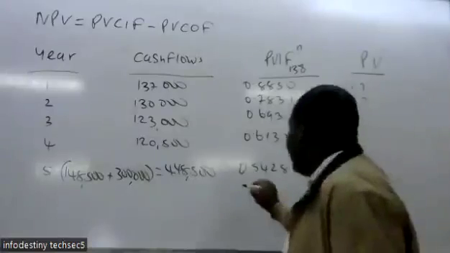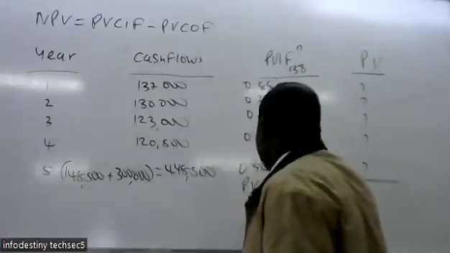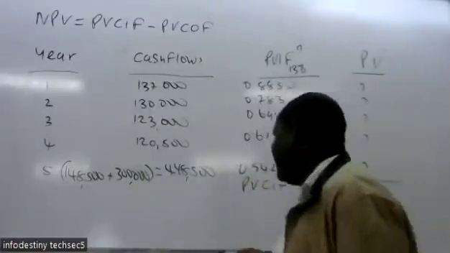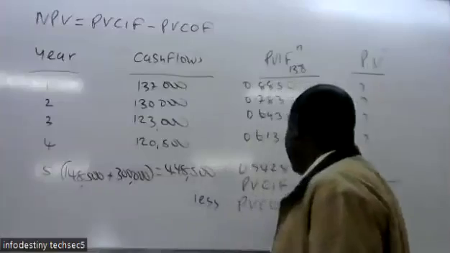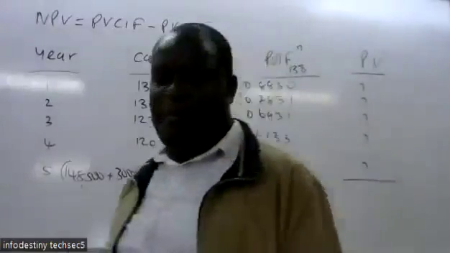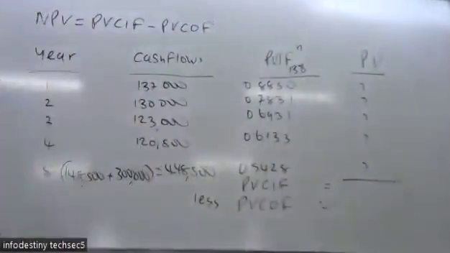So you multiply so that you get the present value of the cash inflows. Then you subtract the present value of the cash outflow, which was our step number one. Remember, it was 919,310.